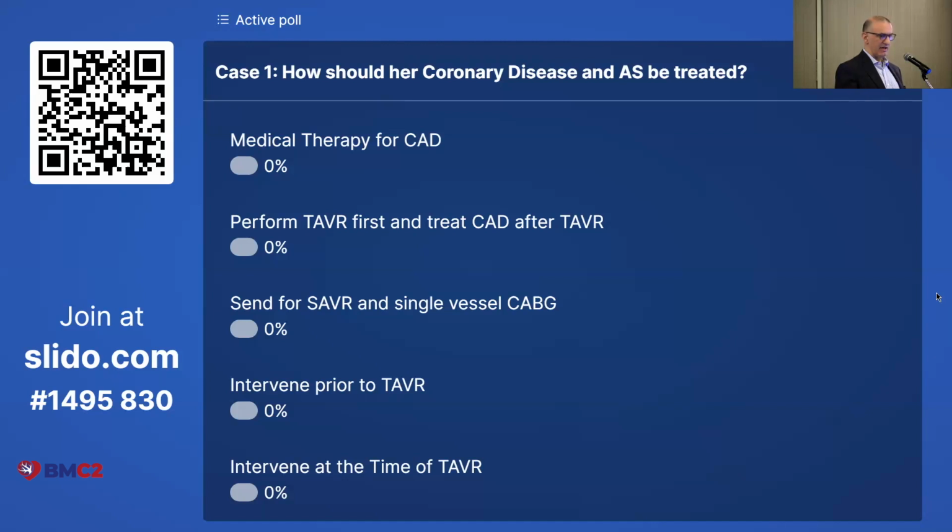So going back to the first case, the lady who had the RCA calcified stenosis and the mid stenosis, how would you treat her with the data we just presented?